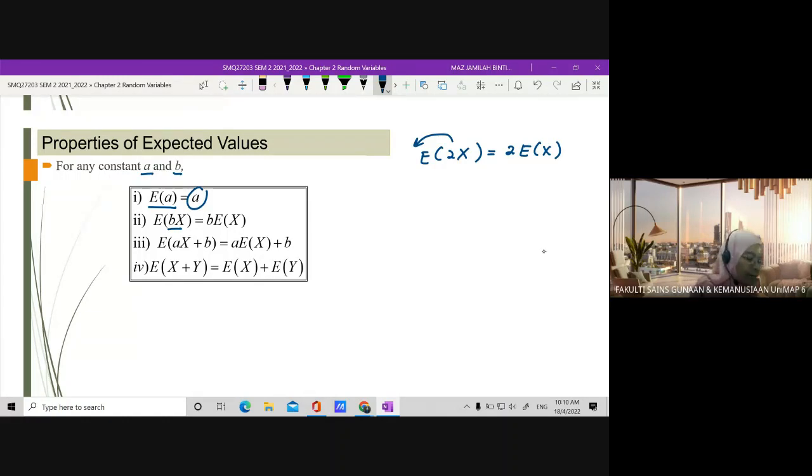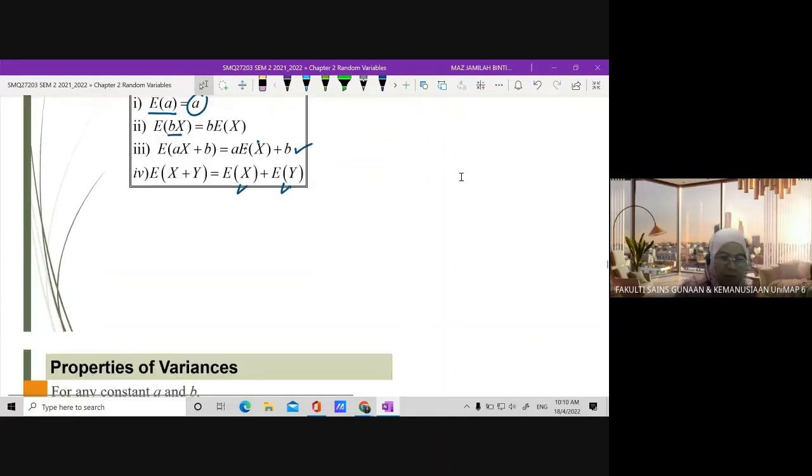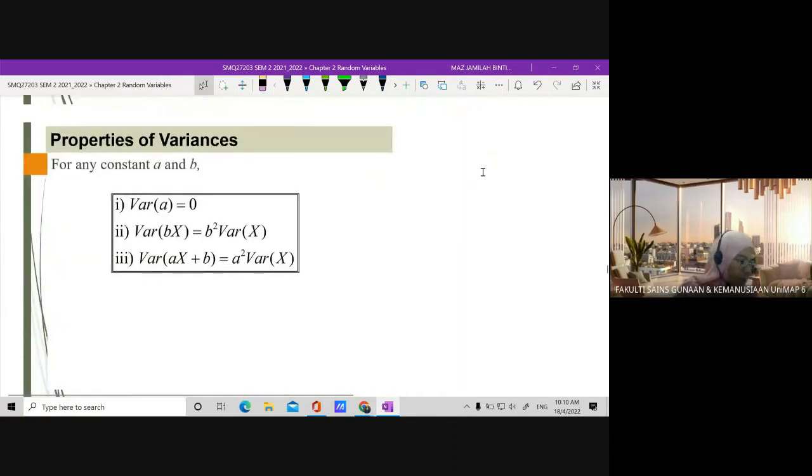What about the expected value of ax plus b? You can take out one by one, so you will get E(ax) plus E(b), which is equal to b. If you have two random variables and need to find the expected value, it will simply be the expected value of the first variable plus the expected value of the second variable. Kind of a dry explanation, right? Because it's just the theory of these properties.